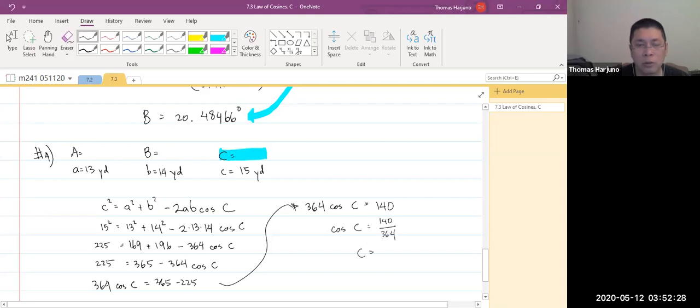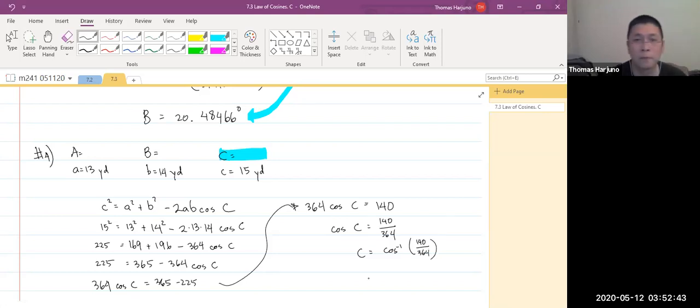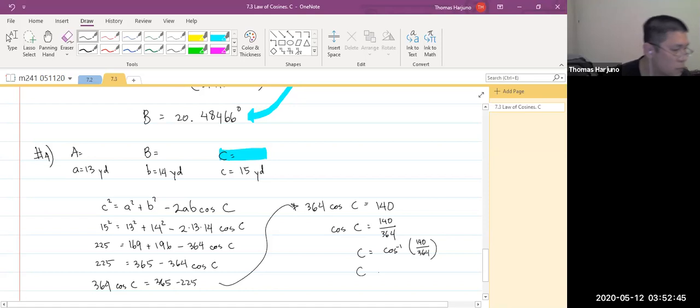C equals cosine inverse of that ugly number, cosine inverse of 140 over 364. That is 67.3801 degrees. Do you get the same thing?